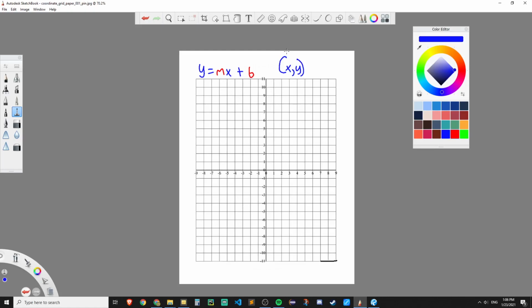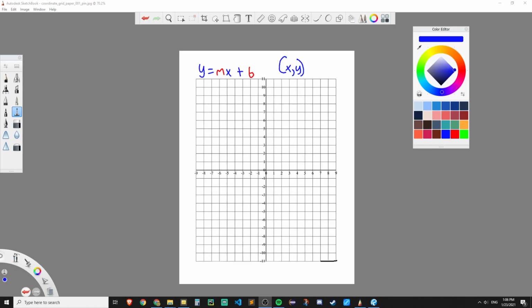Slope means for every certain amount of points that you go right or left, there will be a certain amount of points that you go up or down. So I'm just gonna draw a line and talk it through, show you all the points and replace the equation.